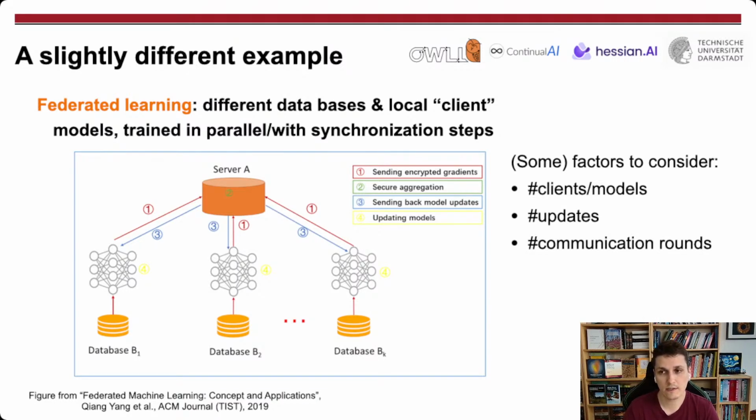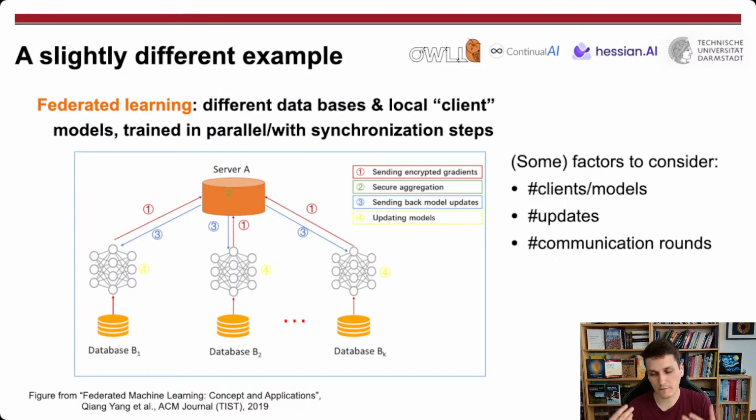All of these clients contain a model, and these models are trained on their respective datasets. But of course, the idea is that you'd like to share the knowledge, and maybe even have a centralized server that acts as a component to integrate all of these clients and communicate back to them.